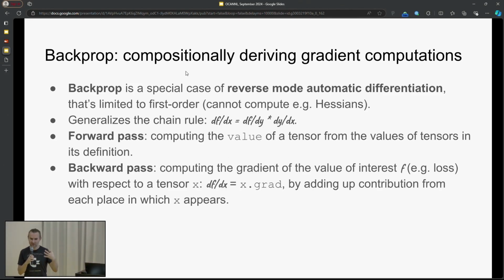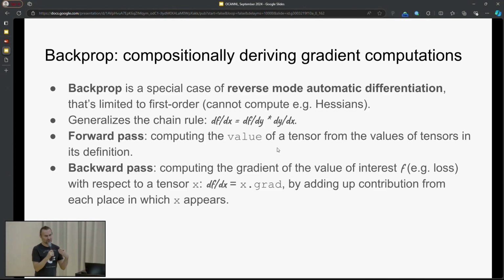I think this is the most straightforward approach, easiest to understand. It's a special case of reverse mode automatic differentiation, but out of the box doesn't allow us to compute second order gradients. So it generalizes the chain rule.